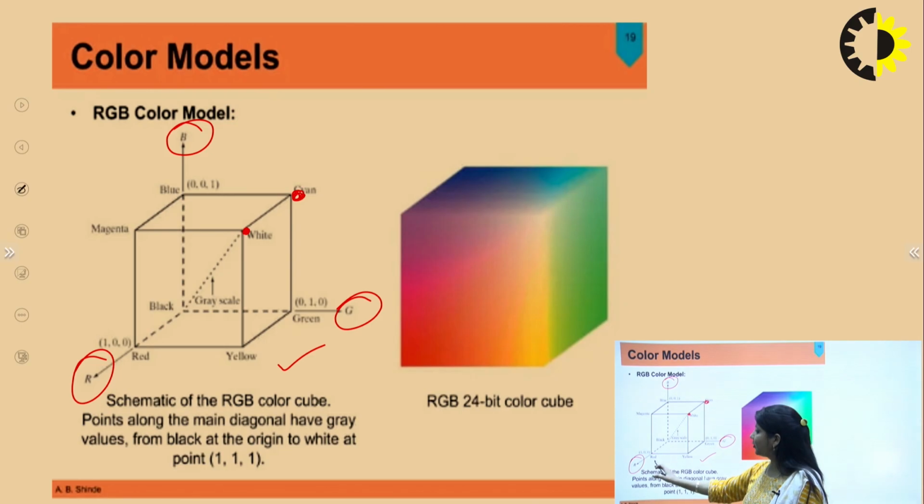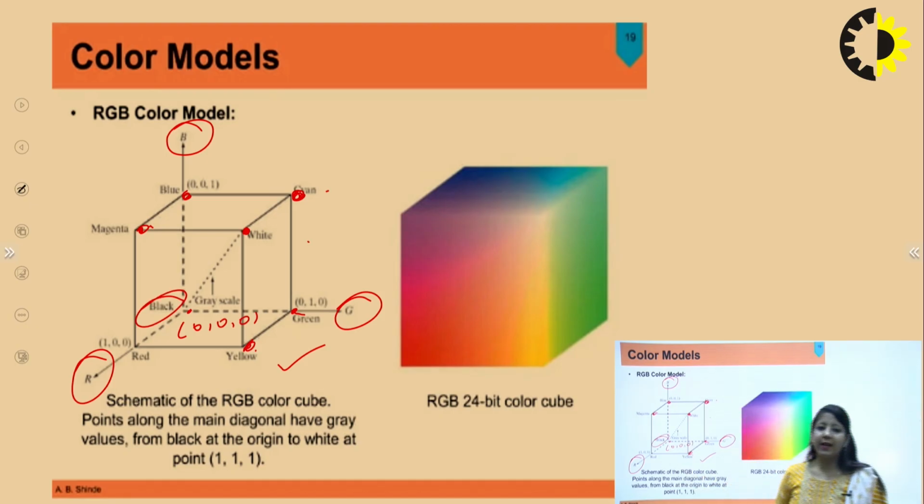So opposite to red will be cyan, opposite to green will be magenta, and the corner opposite to blue is yellow, and the combination of C, M and Y. Here there is the origin, 0 0 0, where 0 means black and 1 means white.